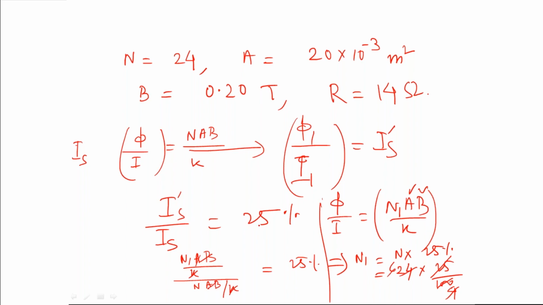You have to actually increase the number of turns by this 6. If you increase by 25%, you have to increase. So I think this is N by N1, so N by N1 is 25%.